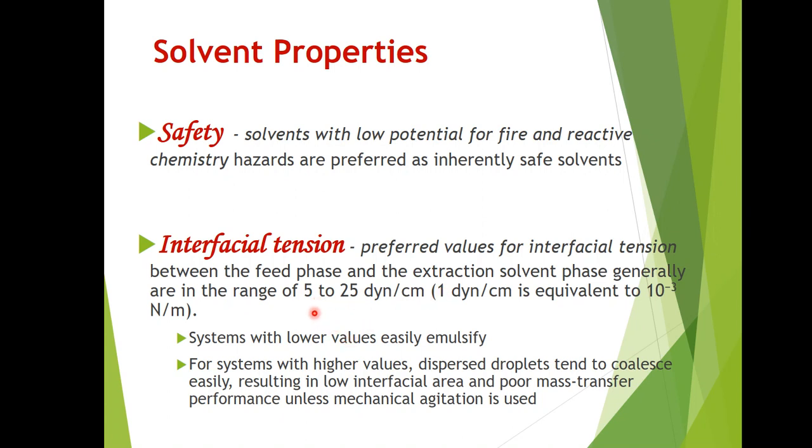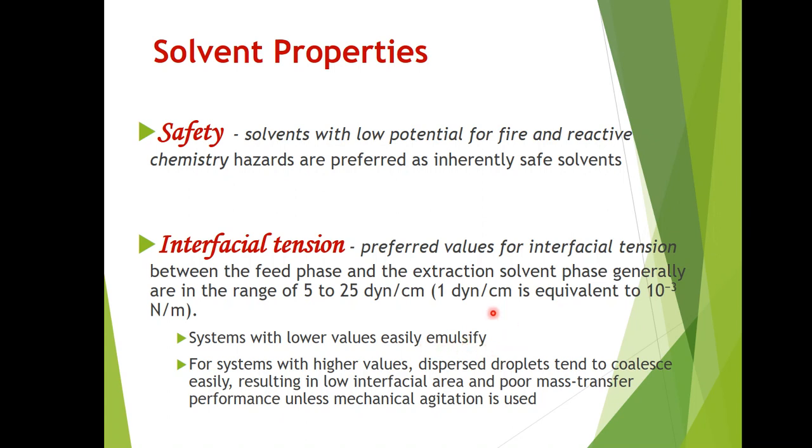If the value of the interfacial tension is lower than 5, your system, the feed and the solvent that is, will emulsify. What emulsify means here is that it will tend to form a colloidal mixture. This you learn in Chem 1, wherein there is this, shall we say, stable dispersed phase that will indefinitely not settle, and as such separation will be very difficult.